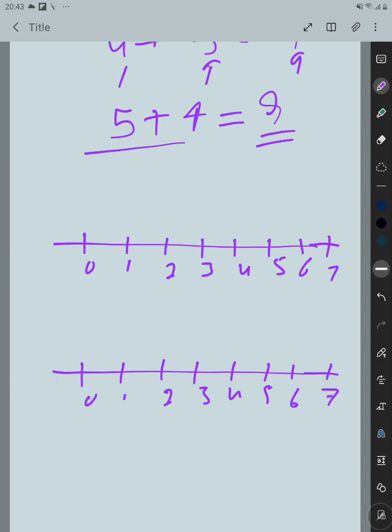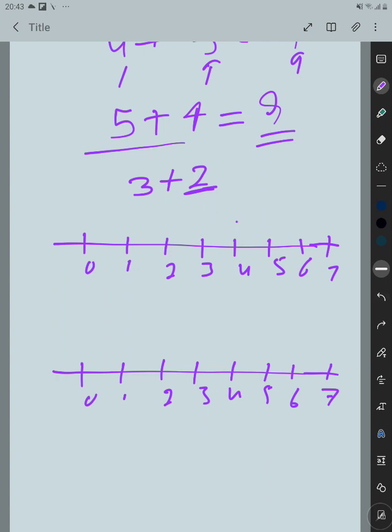Suppose we are adding 3 plus 2. For adding 3 plus 2, we need to start with 3, and then we make two loops on the right side because we are adding. So we reach 5.